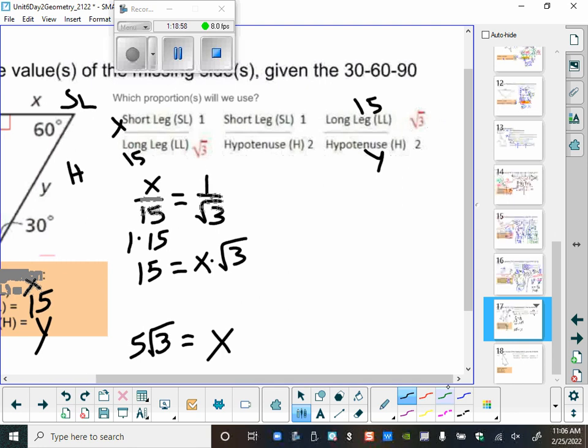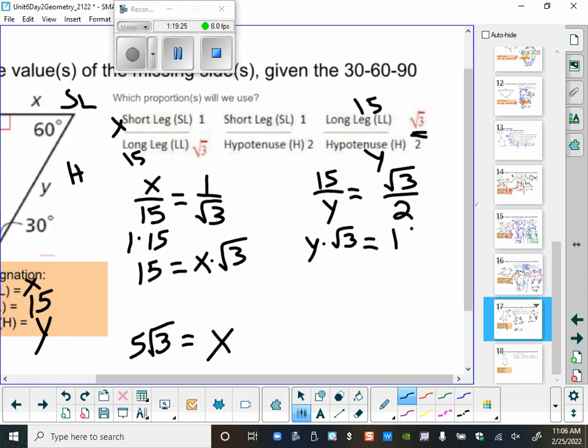Here, similar situation. We are understanding how to get from 15 over y equals square root of 3 over 2. Similarly, you're going to get y times square root of 3 equals 15 times 2.